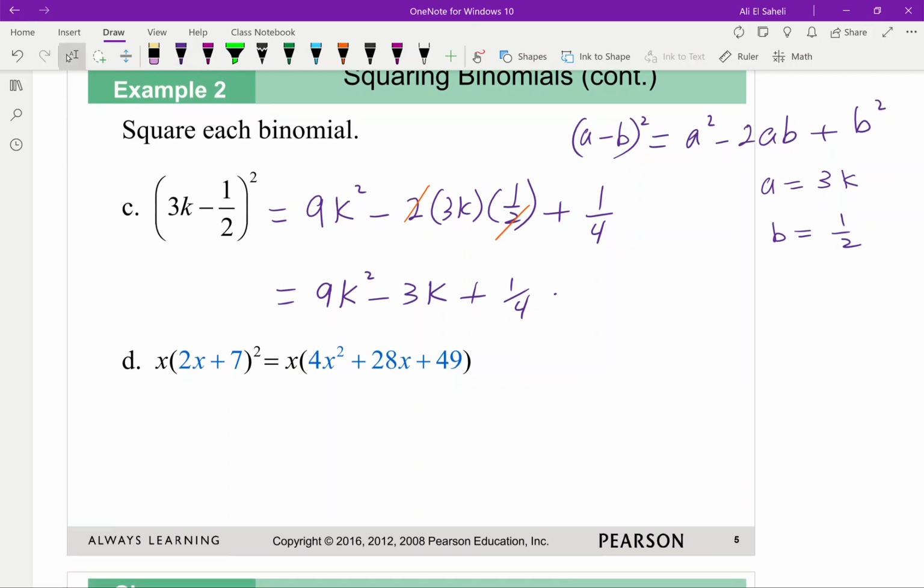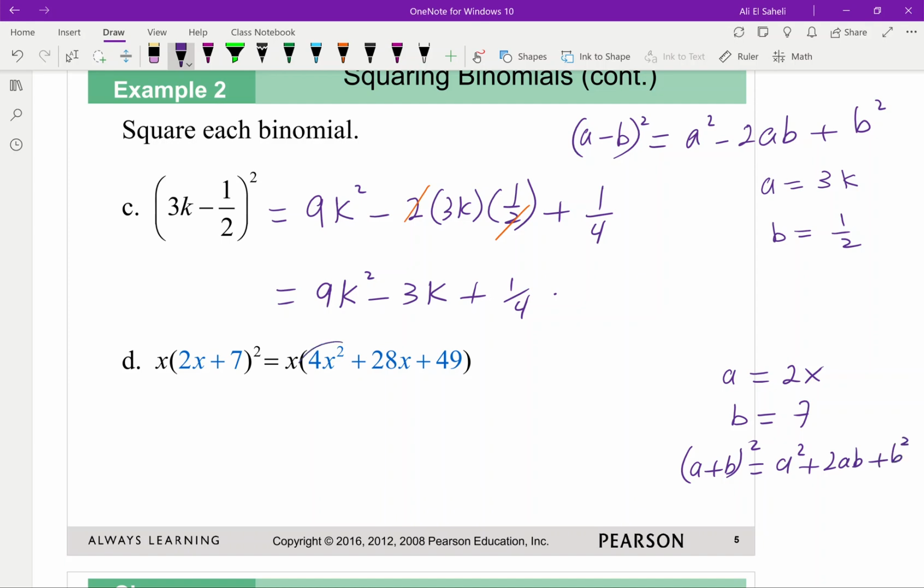Now what we do, we simply expand this first, then we multiply by x. So this is the expansion. In this scenario, A is 2x and B is 7, and the rule is A plus B squared is A squared plus 2AB plus B squared.